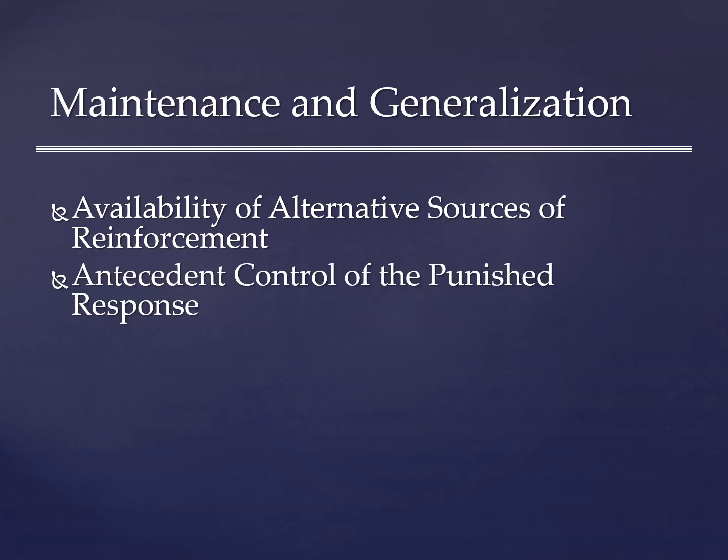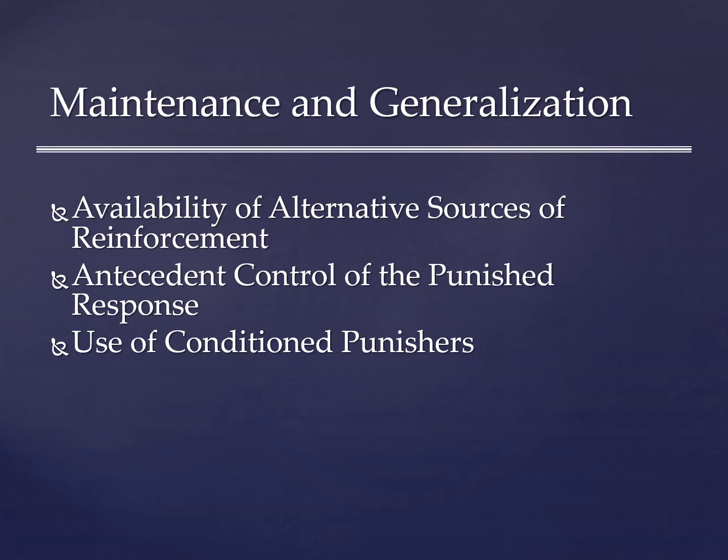If we have specific SDs in place whenever we use punishment, we may eventually be able to present those SDs as a proactive intervention, even when we no longer want to actively punish the response. Think about how we can eventually fade schedules of reinforcement so that we use GCRs like tokens instead of having to deliver the terminal reinforcer contingent on every occurrence of the desired behavior.